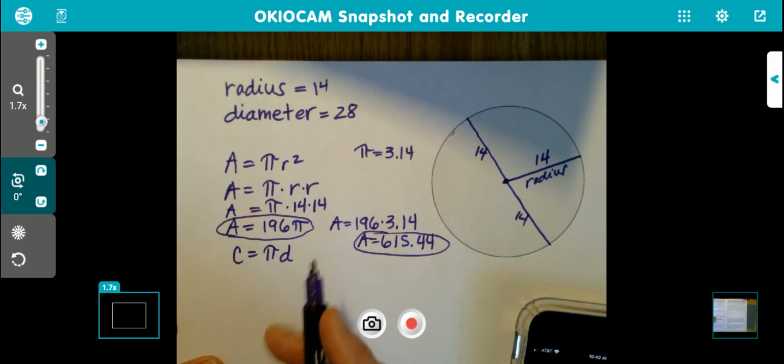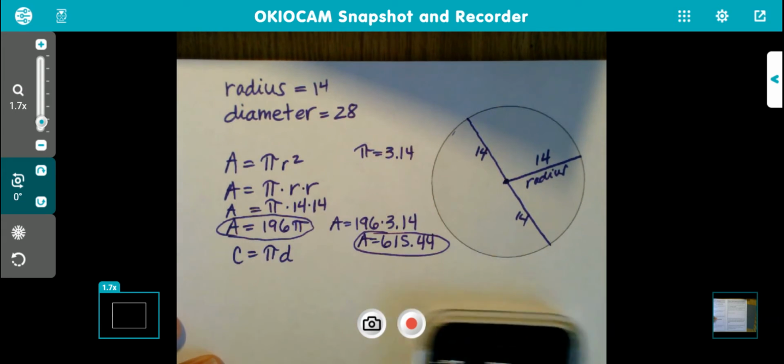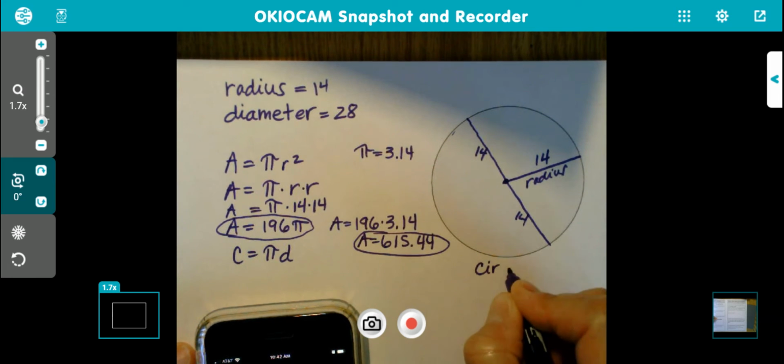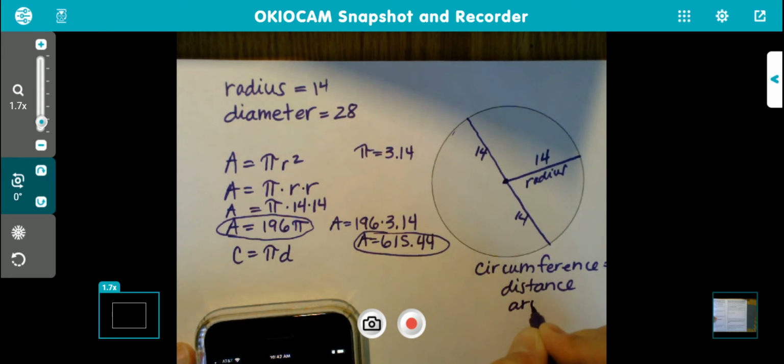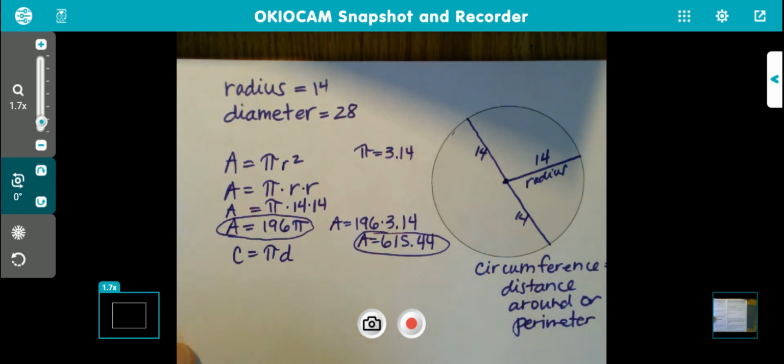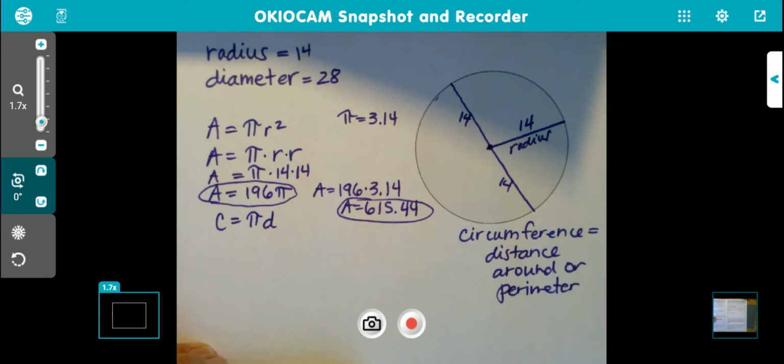Now let's talk about the circumference. Circumference is distance around. That's the distance around. It's like the perimeter. Okay, so distance around or the perimeter. So how do we find the circumference?